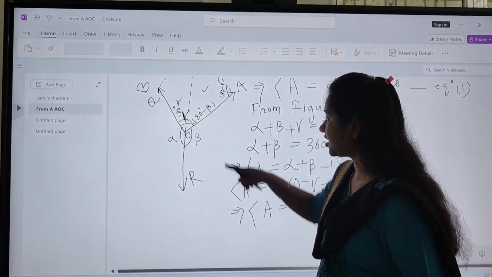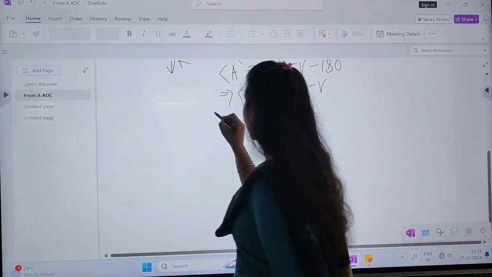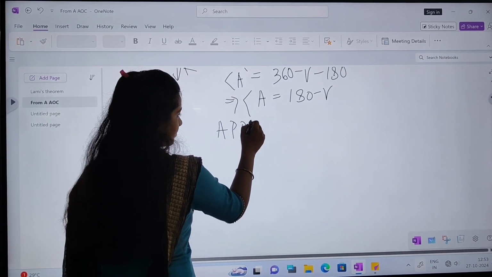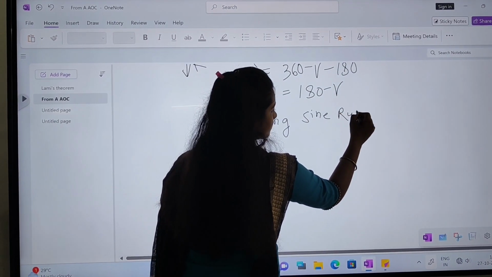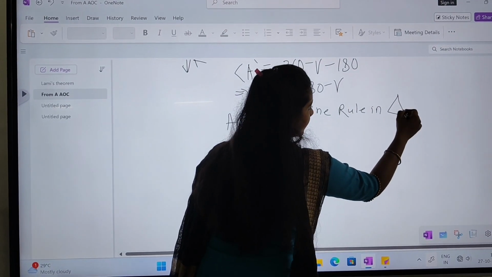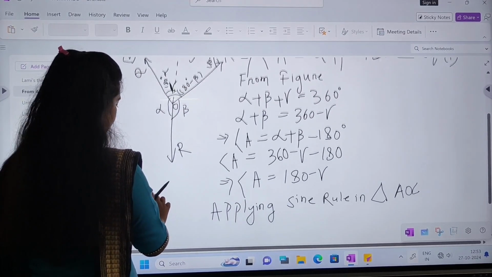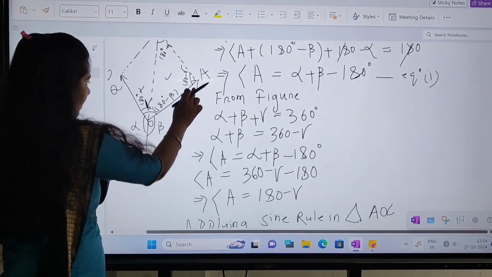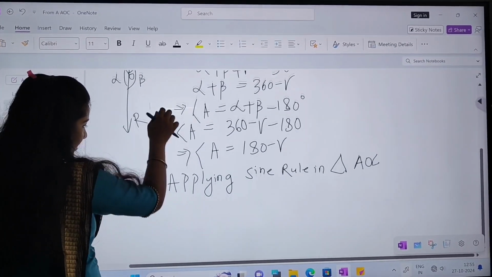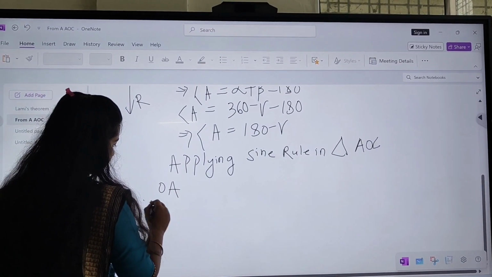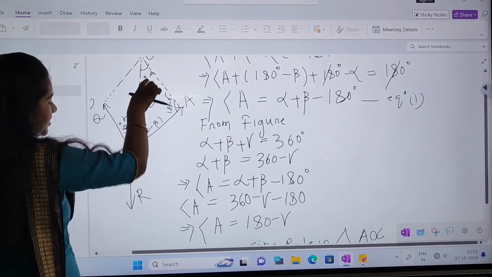And here we apply the sine rule in triangle AOC. So in triangle AOC, this side OA is proportional to the sine of this angle, which is 180 degrees minus alpha.